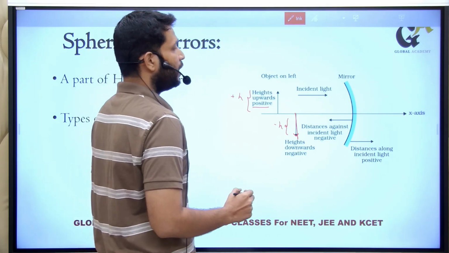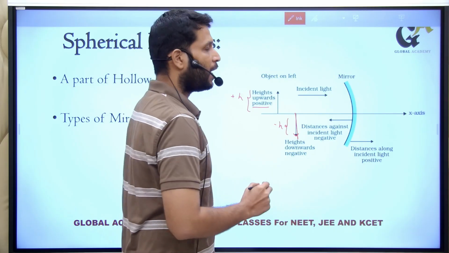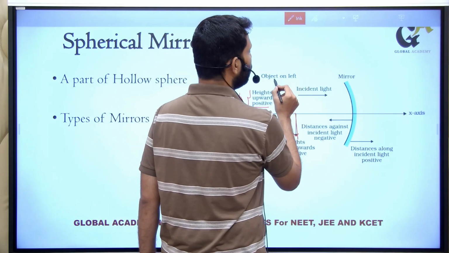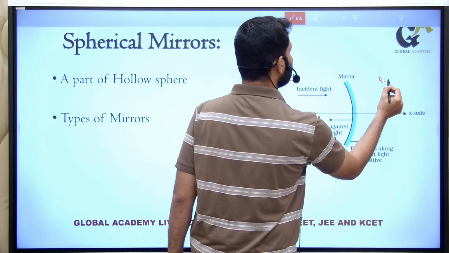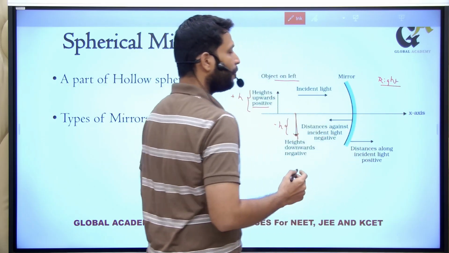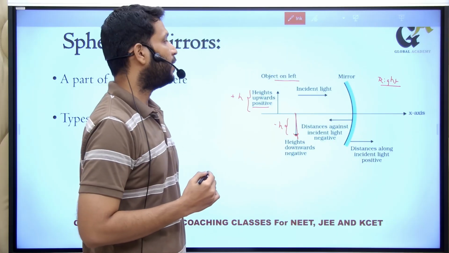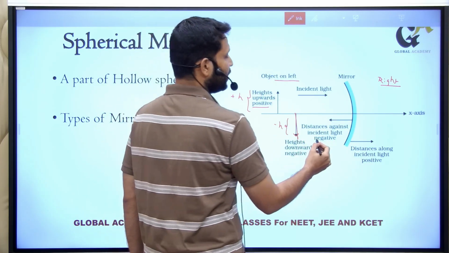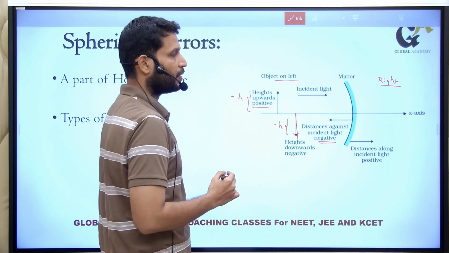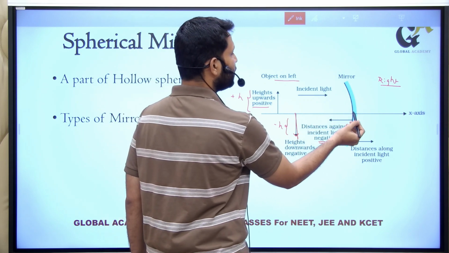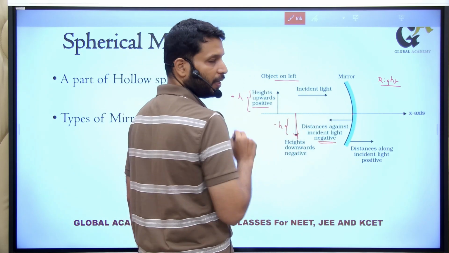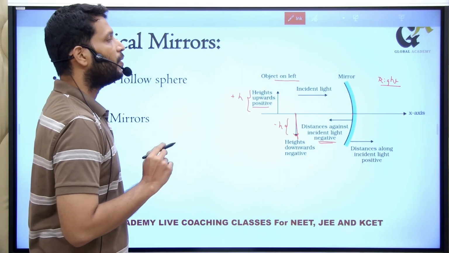Okay. So next, if the light rays travel from left to right, if you are measuring all the distances against the incident ray direction, such distances are taken as negative distances. Suppose you are measuring the distance opposite to the direction of incident ray.